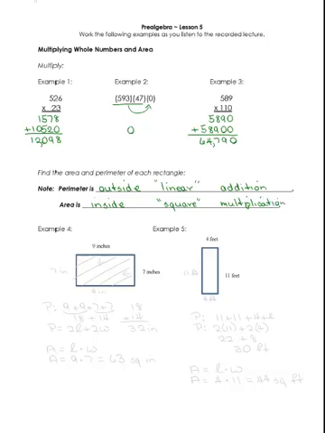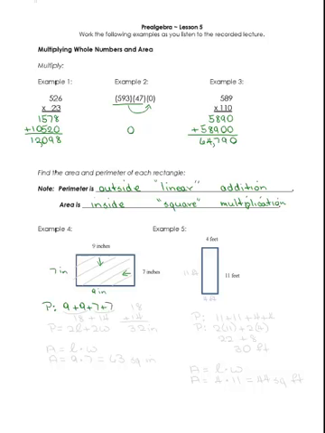Now, take a look at the first example. Example 4. If I wanted the perimeter of this rectangle, I would have to say 9 inches. I've got to add the 4 sides. Well, the sides that I don't have listed are exactly the same size as their opposite sides. So I'm going to write down here real quick 9 inches and 7 inches for those. For perimeter, I'm going to say 9 plus 9 plus 7 plus 7.